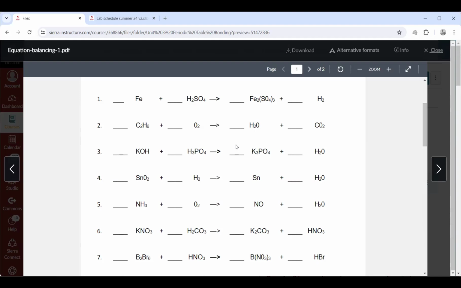However, when you multiply this whole thing by 3, that gives it 3 S's over here. Do you see how I got the 3 S's on the left? Okay. So 3 and 3. Now you know it's balanced, because if you didn't do that, you couldn't tell whether it's balanced or not.